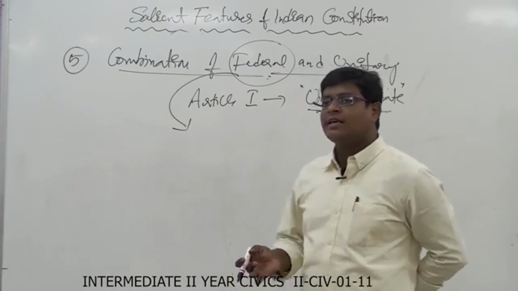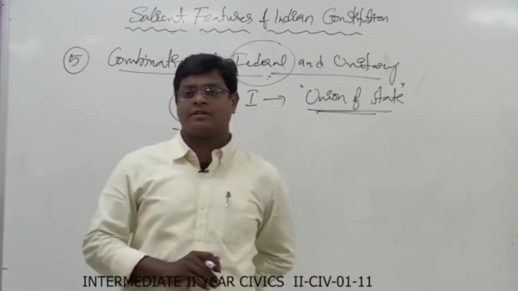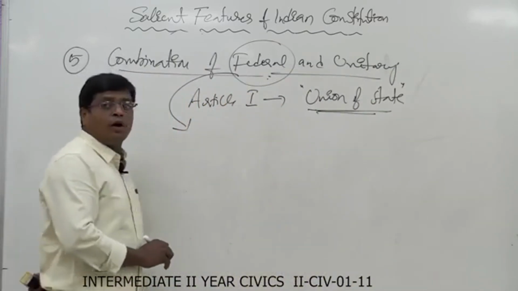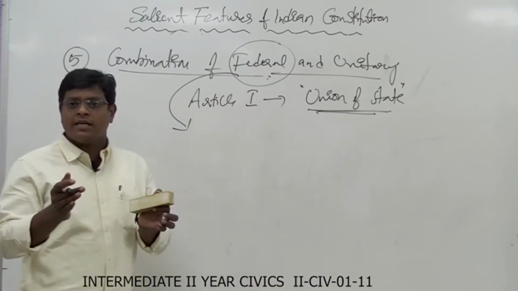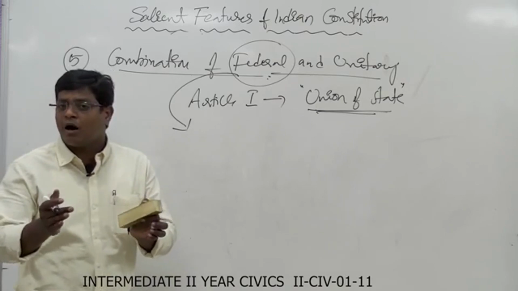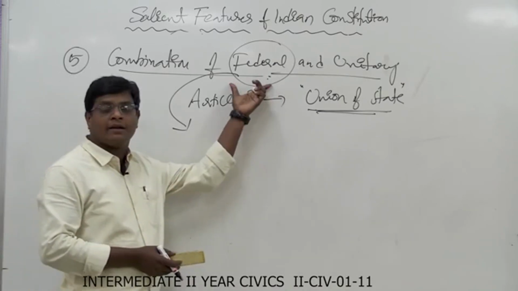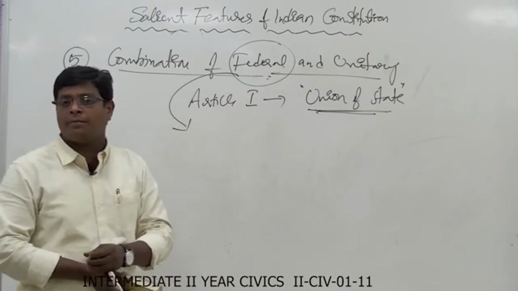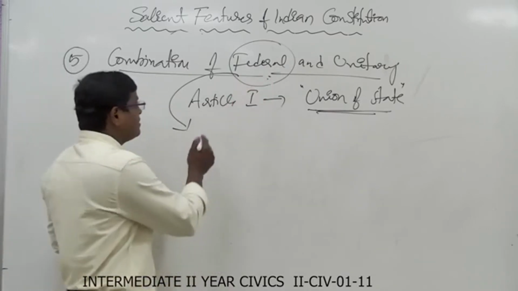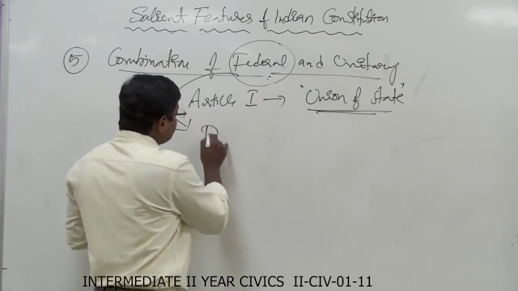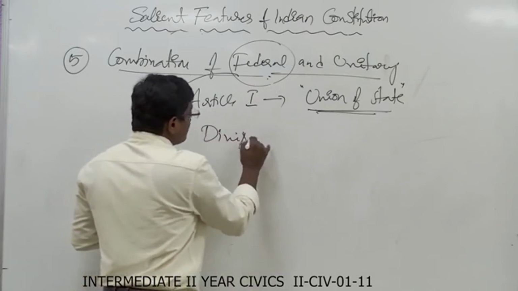So there are different dimensions in the federal features. Finally, we concluded our federal government is closely related to the Canadian model of federal government, because the basic feature of a federal government is division of powers.